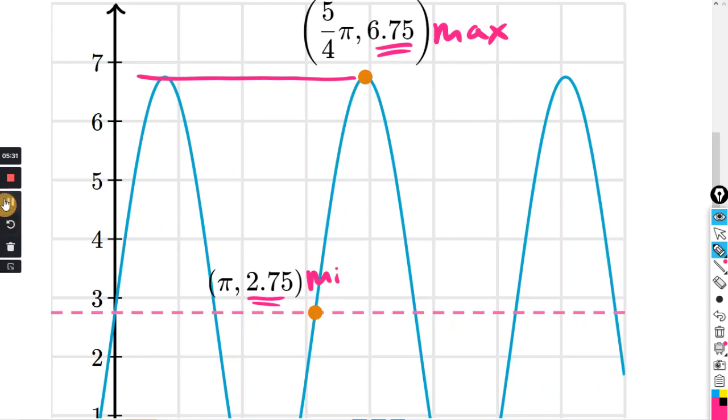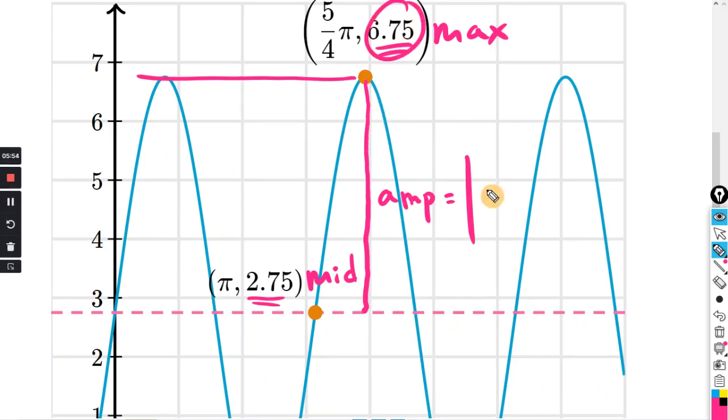Okay, again, we're looking at the y coordinate, and the amplitude is just the distance from the max or minimum to the midline. So we just have to find this distance here for the amplitude. All right, so we're just going to subtract and take the absolute value. So we have 6.75 and we have 2.75.